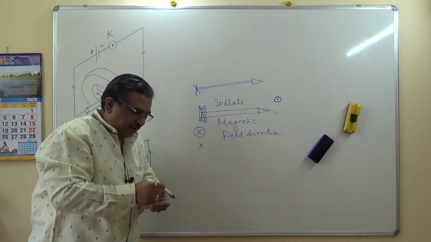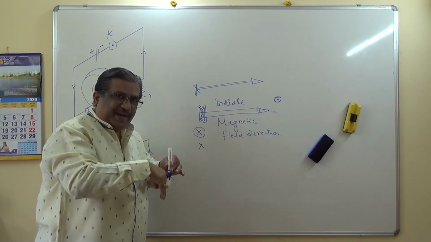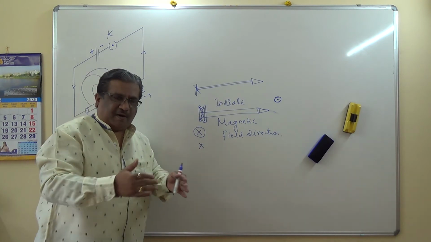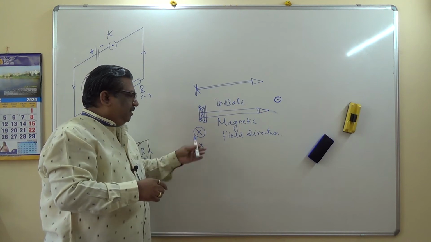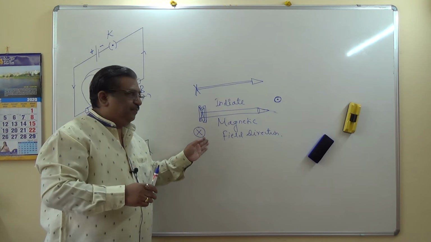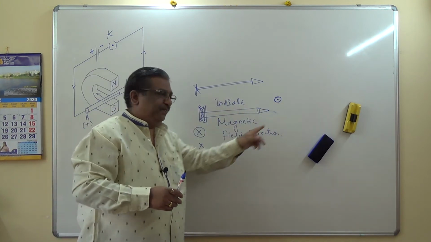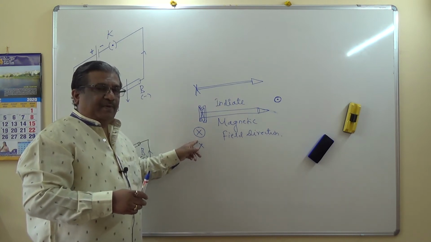While reading a textbook, in this case, the magnetic field is into the page, away from you. With reference to your textbook or the examination question paper, the dot means the magnetic field is out of the page towards you, and the cross means the magnetic field is into the page, away from you.